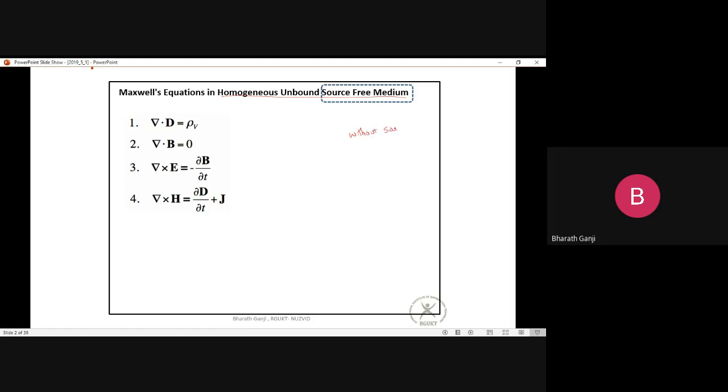Okay, so if I say there is no source, or a region without source, or I can say region free of source, they are not the same. A region without source implies there is no source at all, that is, there is no source creating electric and magnetic fields. So what are the sources of fields? I can say current densities and charge densities are the sources. If these sources are not there, then nothing is going to create any electric field or magnetic field anywhere around.